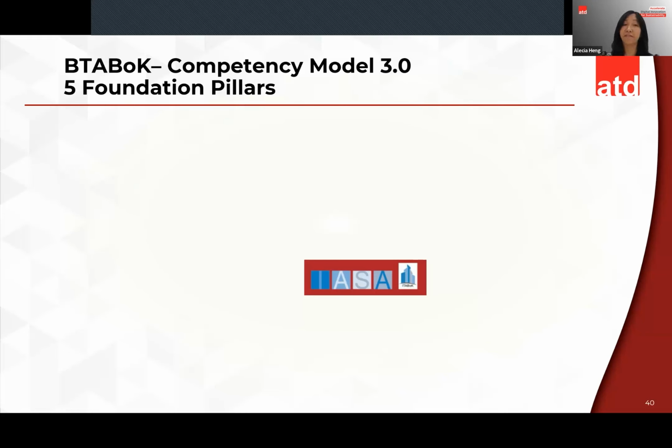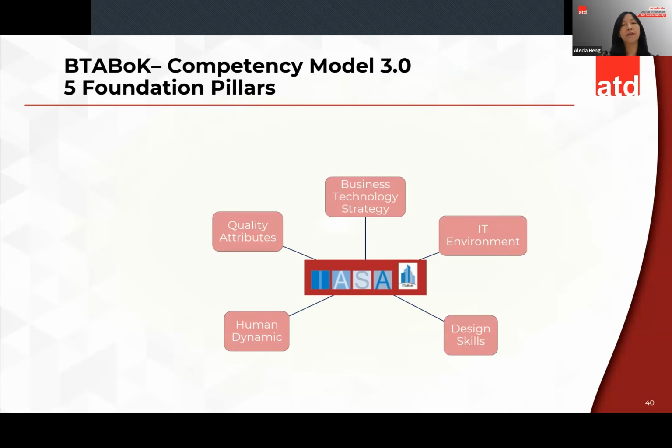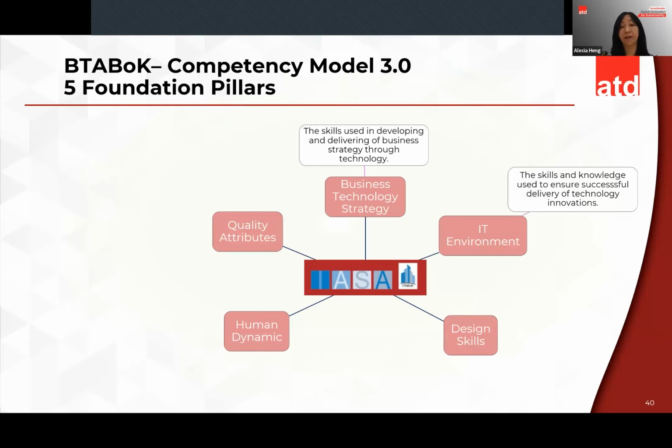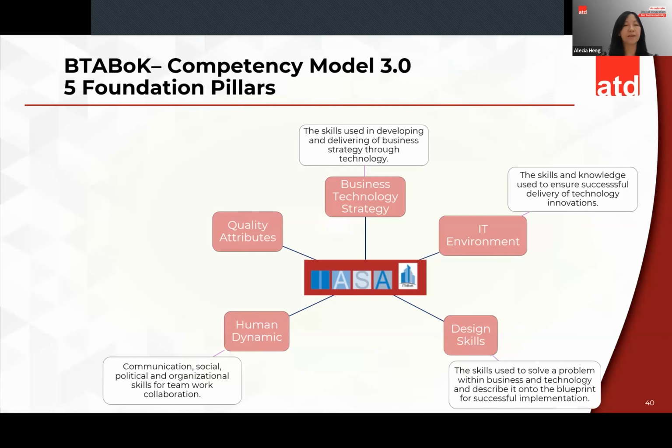So what are the 5 foundation pillars? The first one is business technology strategy, which is one of the core pillars. We have the IT environment, which means looking into what is in the IT shop house. We have design skills and human dynamics, because most of the time IT architects need to interact with a lot of people around them, whether internal or external.